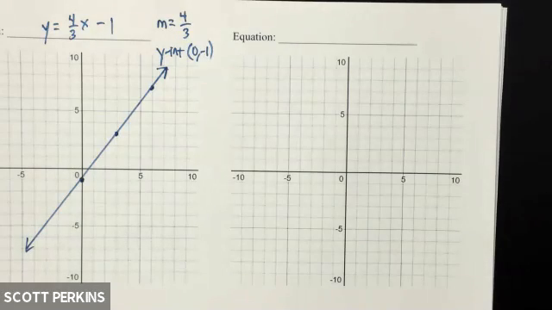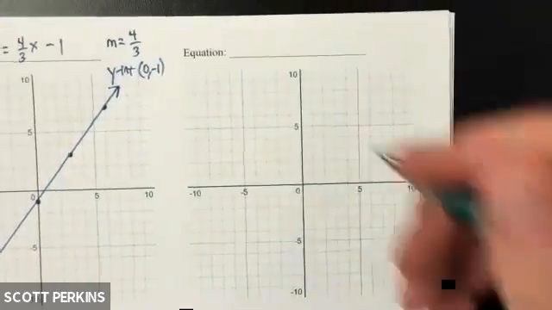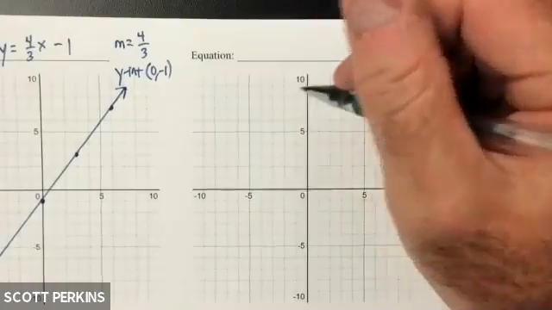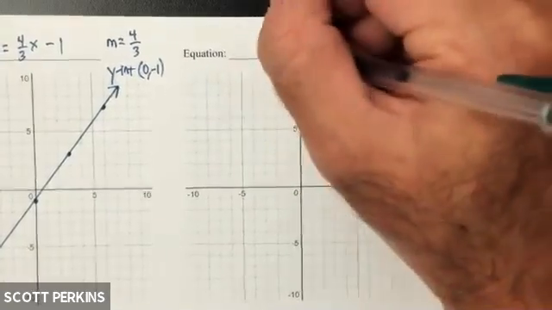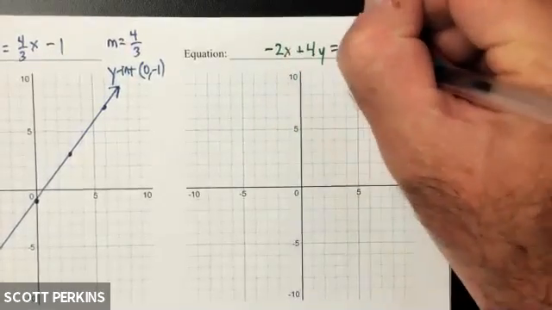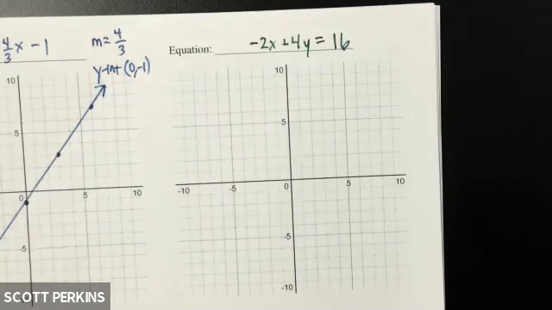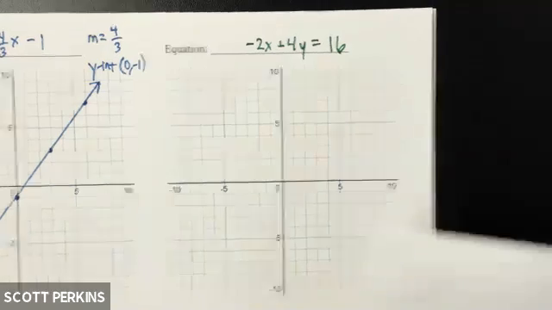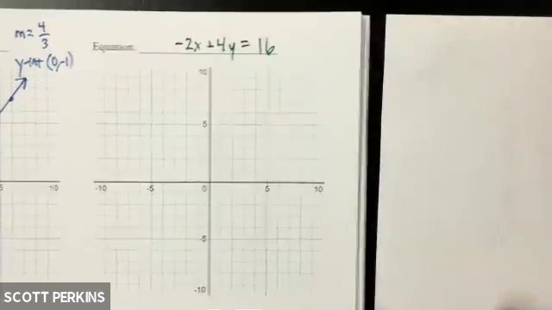Every equation I've given you so far has been solved for y, but what happens if I say I want to know the slope and the y-intercept, and I want you to graph this? Negative 2x plus 4y is equal to 16.